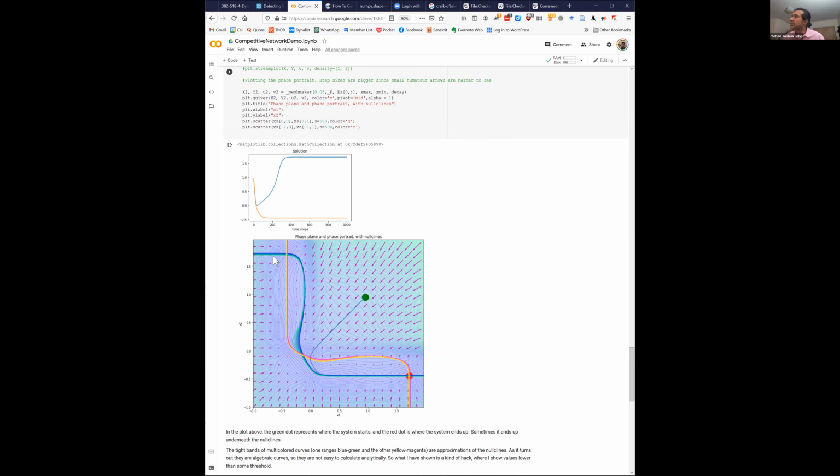The reason these lines are not exactly lines is because calculating null clines is actually a somewhat non-trivial task, as I discovered by accident on, was it Friday? I was trying to draw this and I had forgotten how to draw these things. They're basically something called analytic curves in mathematics, where even the equation of a circle or an ellipse is an analytic curve.